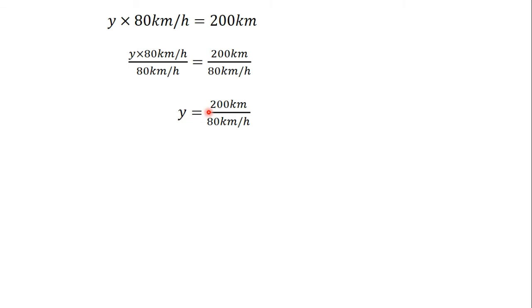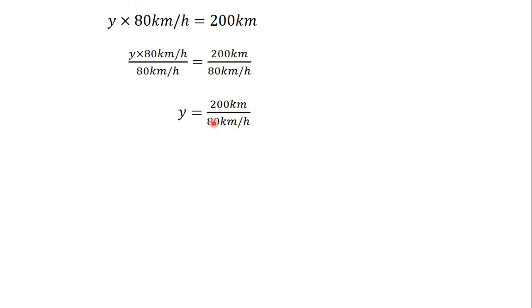So y will be equal to 200 kilometers divided by 80 kilometers per hour. If you are not clear on how to solve this type of linear equation, please watch the video on solving linear equations that is available on this channel. Let's get back to our question. So we have y is equal to 200 kilometers divided by 80 kilometers per hour.